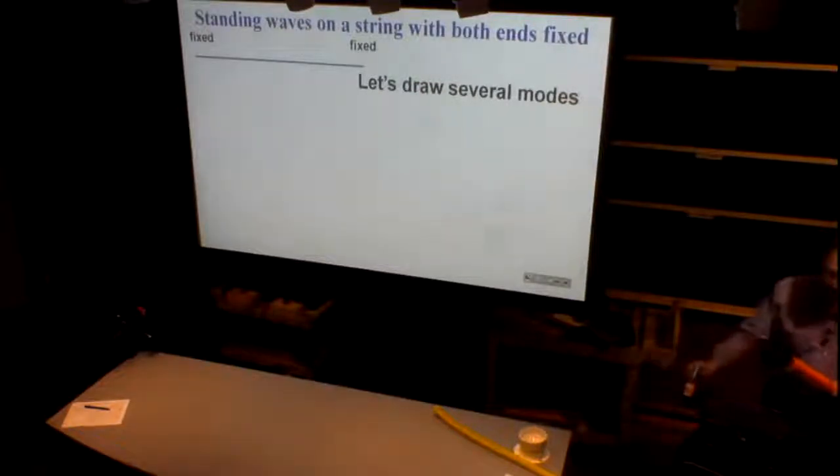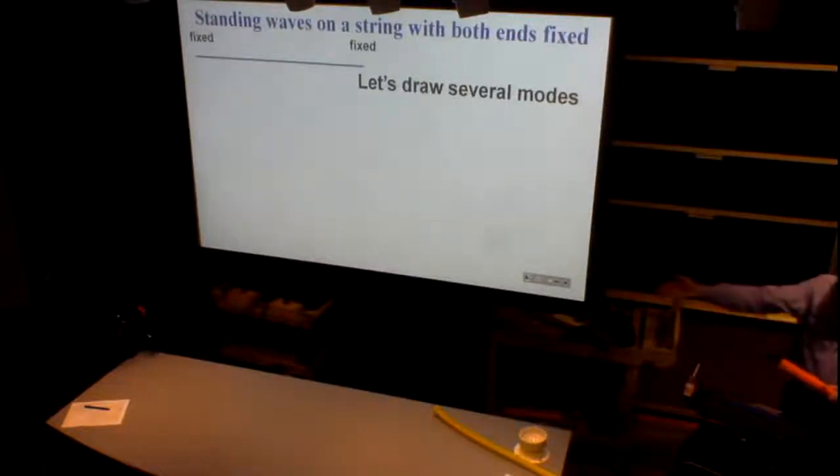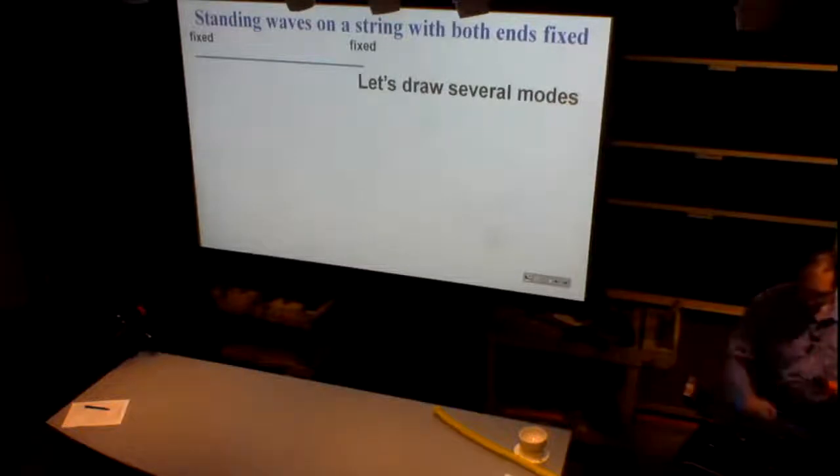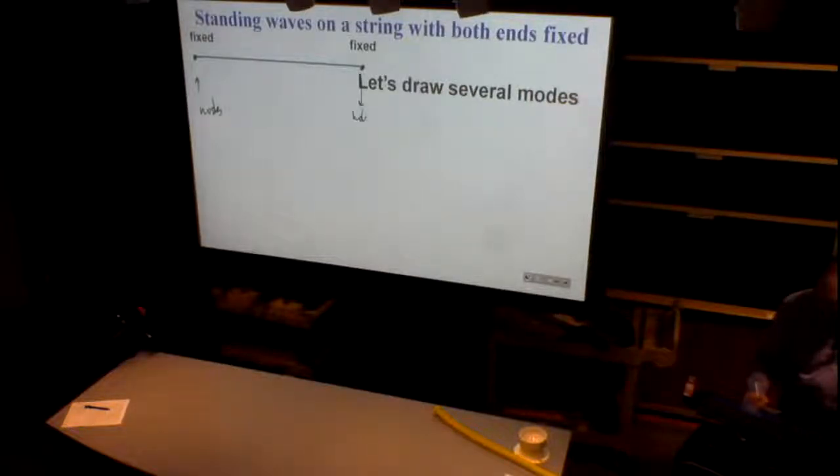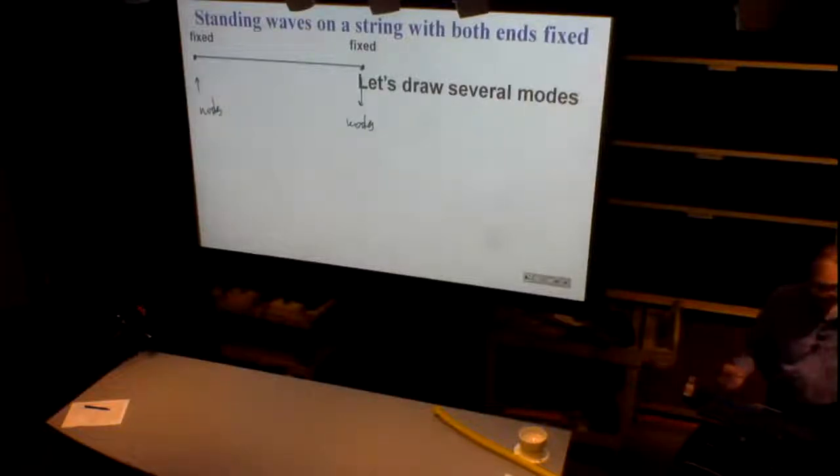String. Well, we saw an example. And that example is very, very simple. If these two ends cannot move, those two ends are nodes. Which automatically tells us what to do.